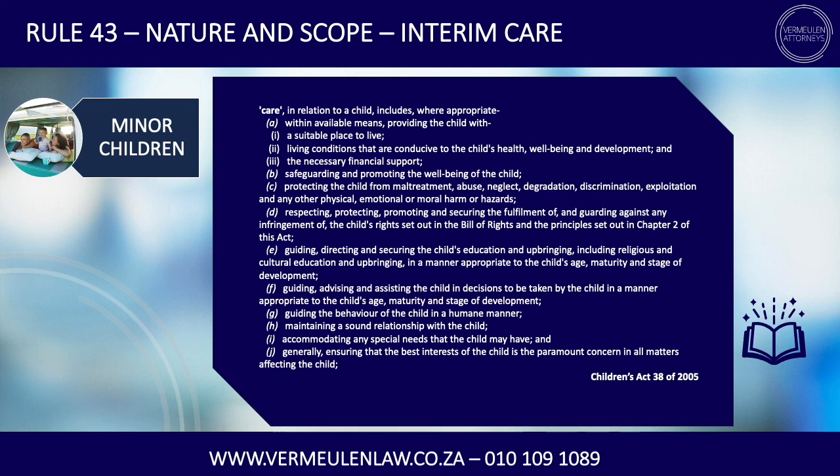Safeguarding and promoting the well-being of the child, protecting the child from maltreatment, abuse, neglect, degradation, discrimination, exploitation, and any other physical, emotional, or moral harm or hazards, respecting, protecting, promoting, and securing the fulfillment of and guarding against any infringement of the child's rights set out in the Bill of Rights and the principles set out in Chapter 2 of the Children's Act.